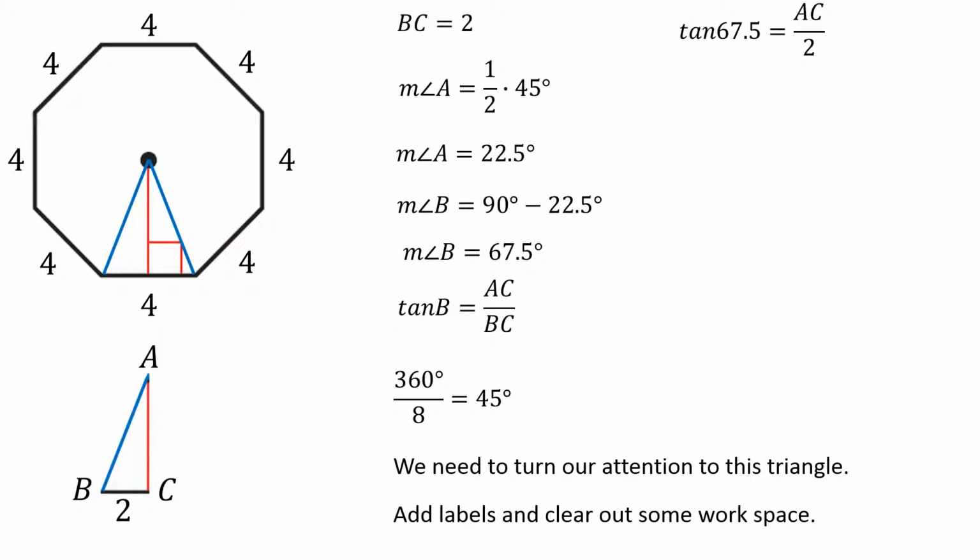Again, where did that 67.5 come from? I know a whole circle is 360 degrees. The octagon has 8 sides, so 360 divided by 8 got me 45. But I only want to work with half of that isosceles triangle, so half of 45 gives me the 22.5.